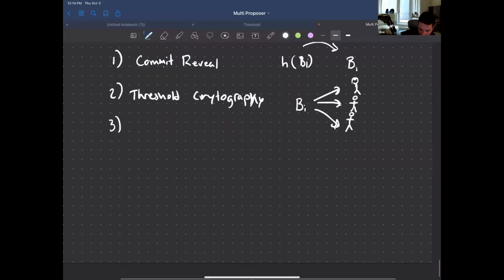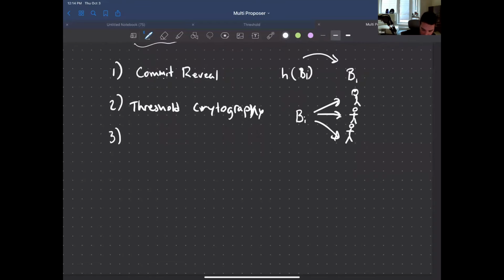And then the third possibility is time lock. This is not VDF, by the way. Time lock and VDF are not the same. Time lock is easier than VDF. Time lock is basically I encrypt something, and then if you solve a puzzle that's not parallelizable, then you can open it up.